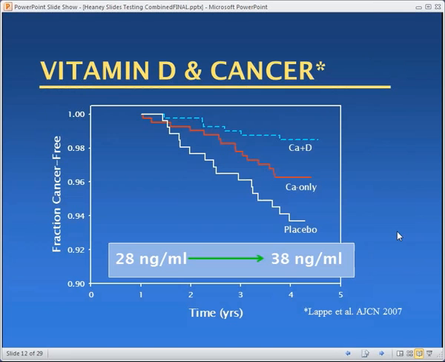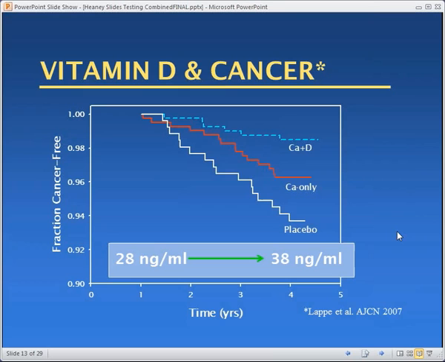But what else do we know from that study? What we know from that study, back again to the serum level, is that group of people all started out with an average serum level of 28 nanograms per milliliter. The average at the end of the study, and they were taking 1,100 IU of vitamin D a day, which is not a lot, the average at the end was 38.